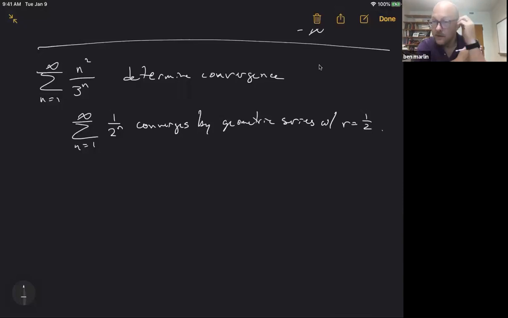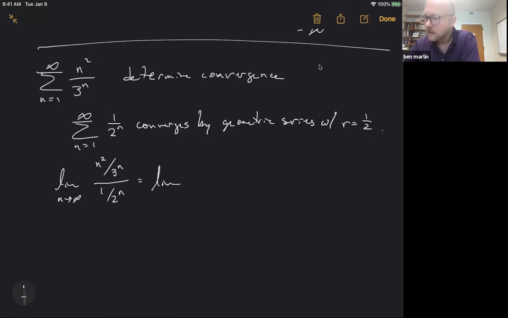Remembering with geometric series, if the r value has an absolute value between -1 and 1, not inclusive, then you'll have something that converges. So now we're going to take a limit as n goes to infinity. I've got n squared over 3 to the n on top, and I'll have 1 over 2 to the n on the bottom, which is the same as the limit as n goes to infinity of n squared over (3/2) to the n, okay?